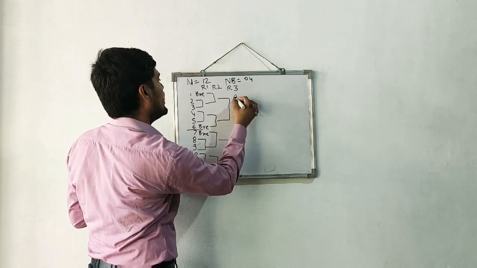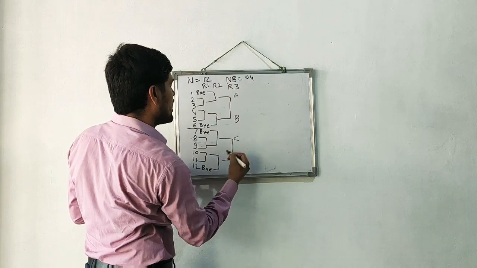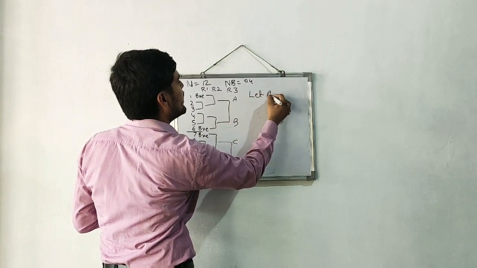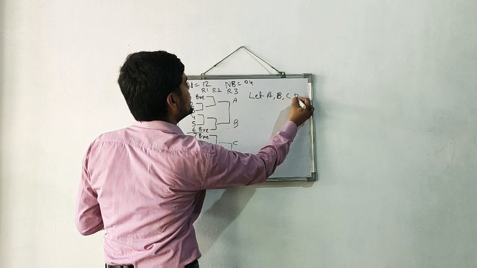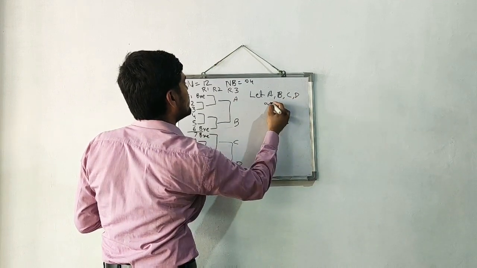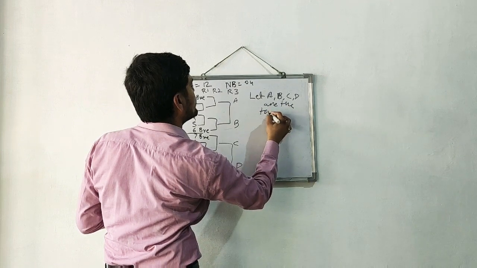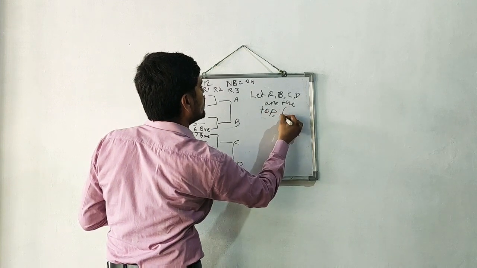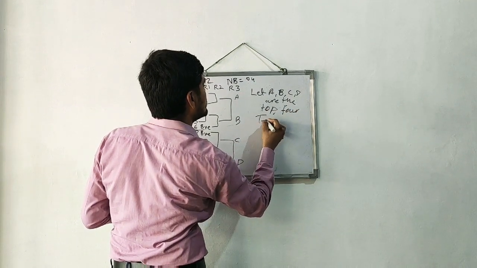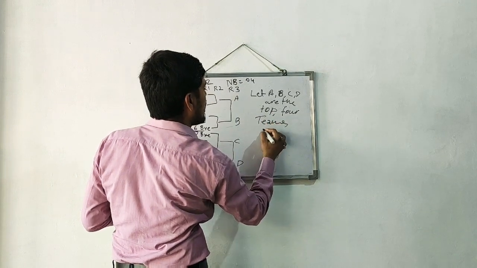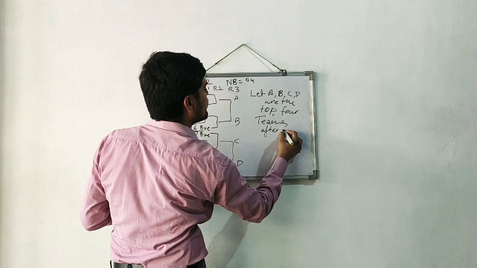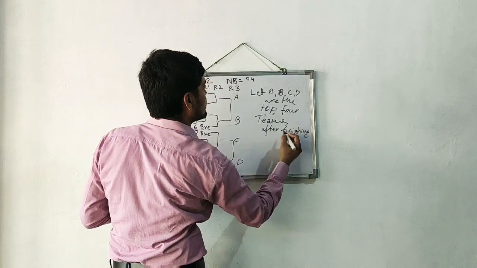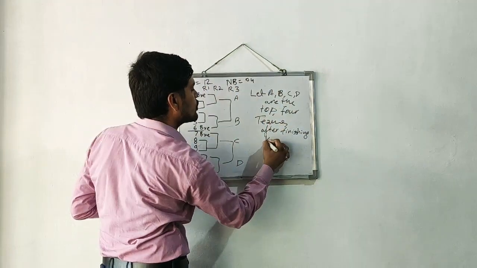Now suppose A, B, C and D are the 4 teams. So just write that: let A, B, C, D be the top 4 teams after finishing knockout rounds.